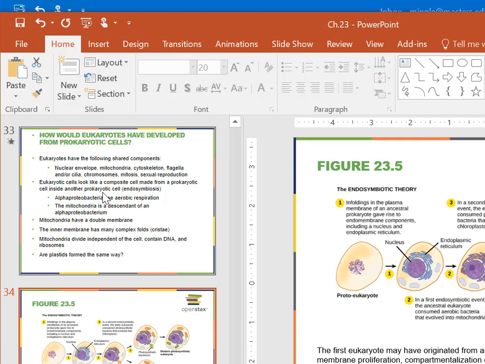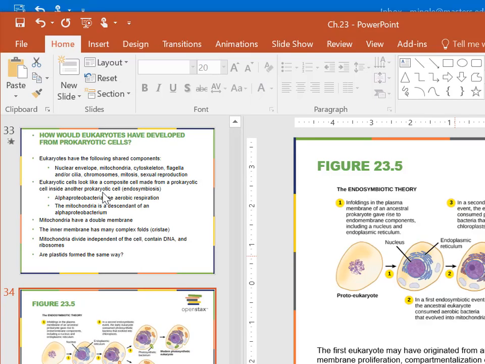You have primary, so primary endosymbiosis, cell engulfs cyanobacterium. And like engulfing the mitochondrion, you have two membranes around the chloroplast, which is true. Chloroplasts have a double membrane like mitochondria have a double membrane. Okay? And so this is primary.